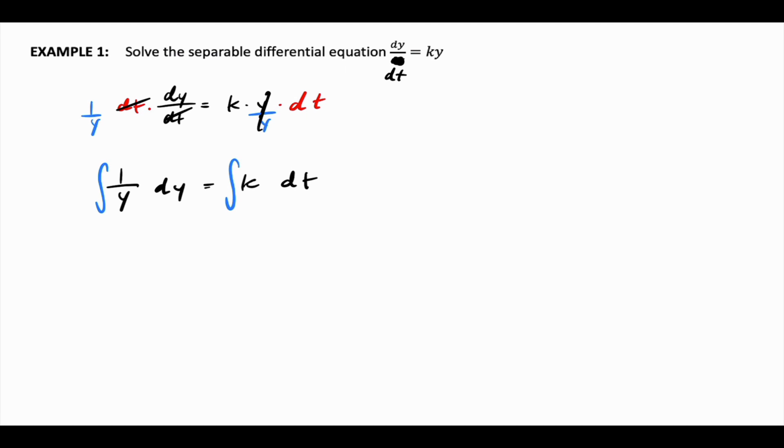One over y. What is the antiderivative of 1 over y? Natural log of y. Good. Natural log of y equals... you can put bars around it if you want, just to make sure that's always positive, right? K is not a variable.